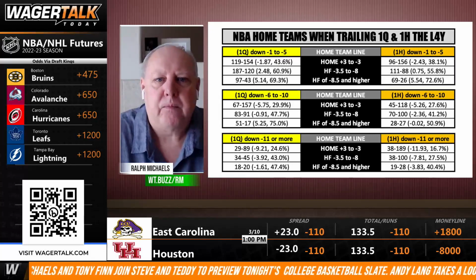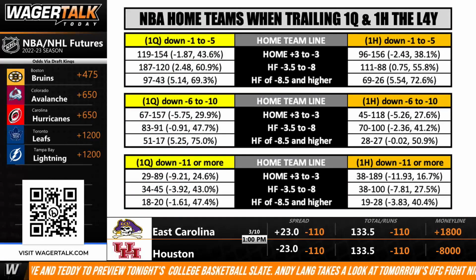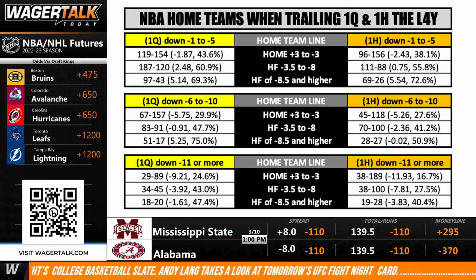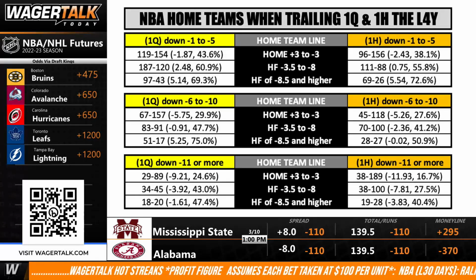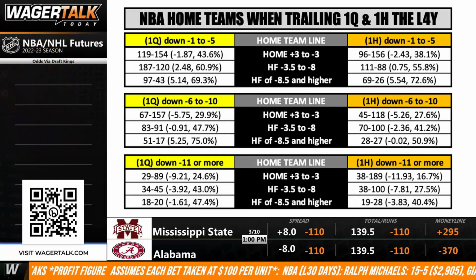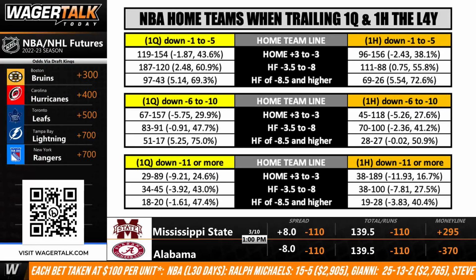Because I do have a follow-up here for Ralph, and I'm going to give my takeaways. To me, what stands out, this is my first look at this chart, but it stands out to me, if you're in a tight point spread range, the +3s to -3s, and you're down after the first quarter or the first half by margin, those aren't teams you want to ask to come back.